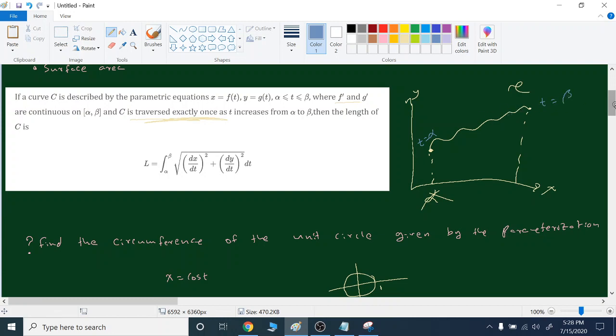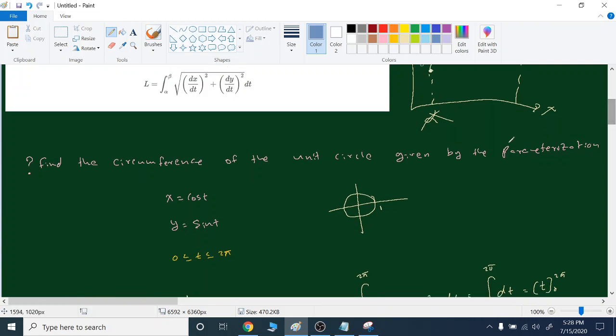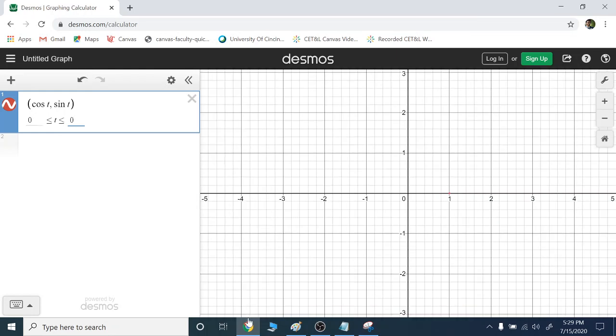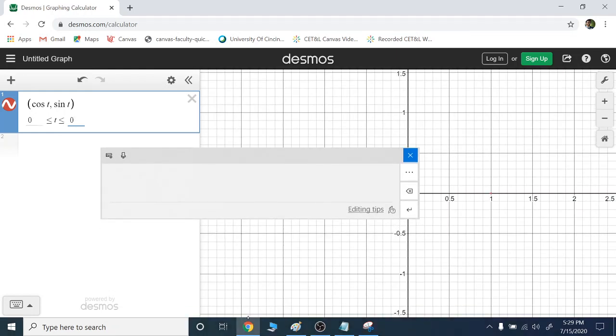Okay, so now let's say you have this unit circle, that is represented by this parametric format. If we draw the plot and start t at 0, you will get this point, 1, 0.